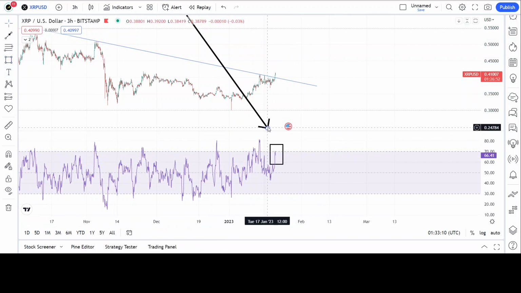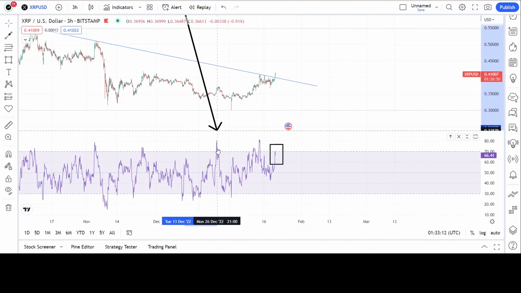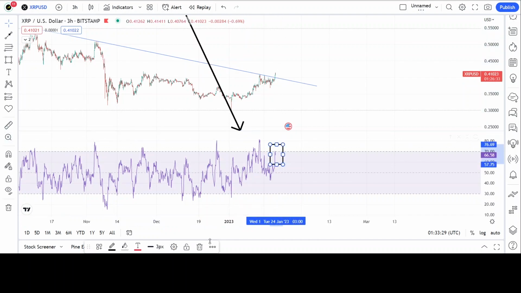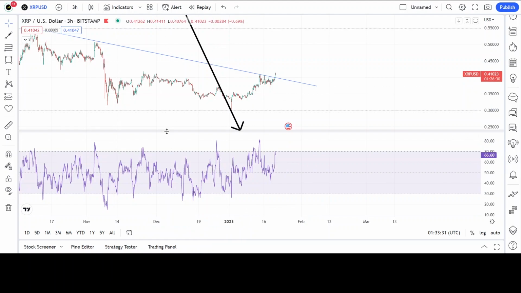Maybe it will get above it like it did here and here. But if it does, it's going to likely turn over and go down. So there's some generic TA for you, TA that you might see on many different channels. I don't really do that kind of stuff, but hey, I thought, why not?